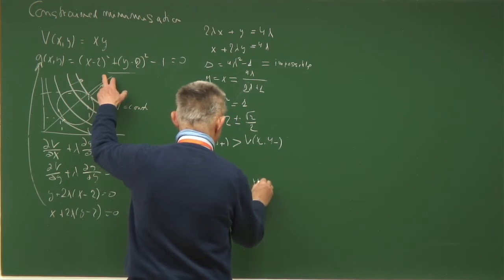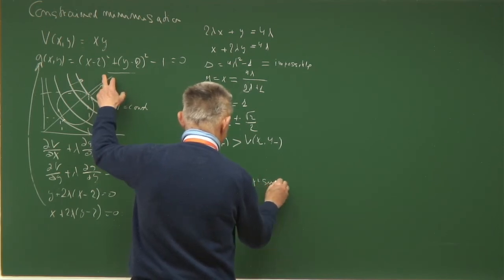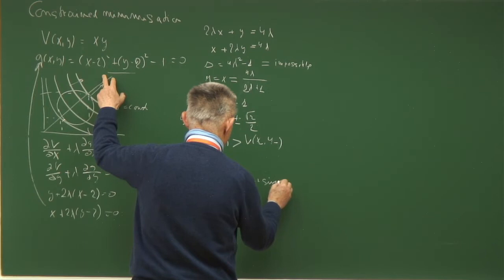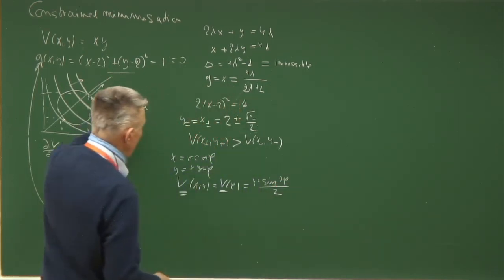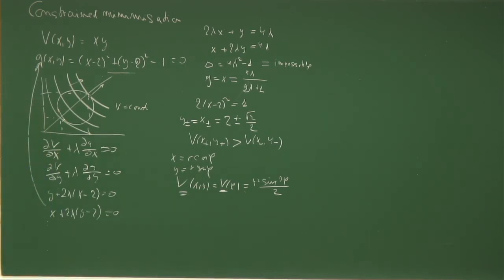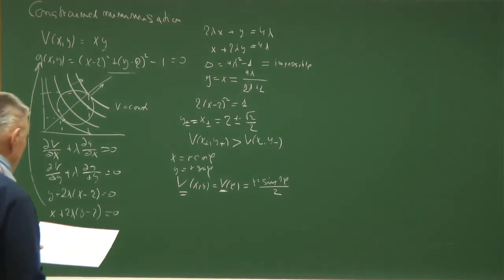R squared sine 2 phi over 2. Well, now you can differentiate this because it is now one variable.